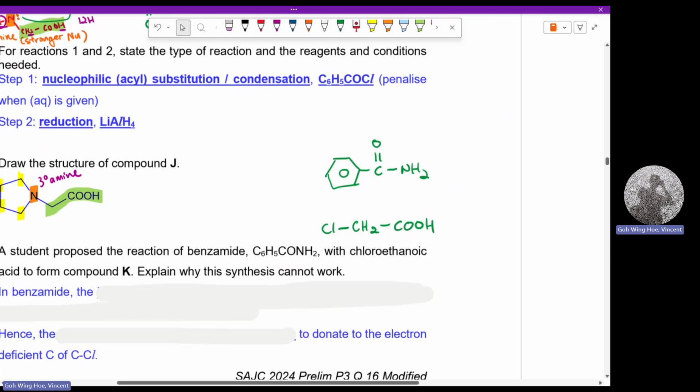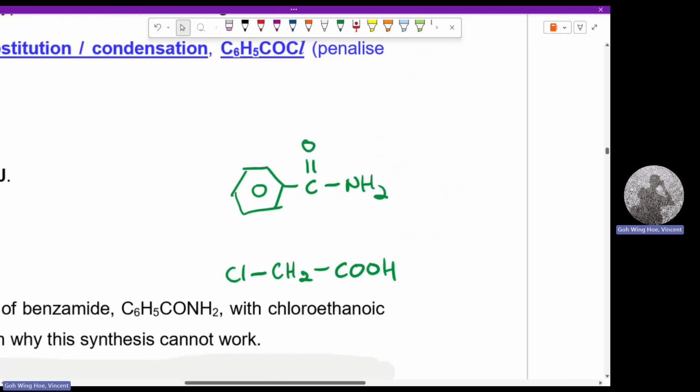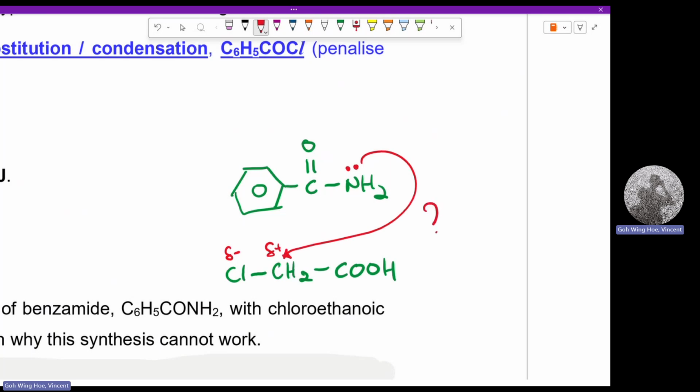So effectively, it's asking you that if we were to apply what we have done earlier, which is to take the polar CCl bond, and then the lone pair on this N atom here to make it undergo a nucleophilic substitution reaction with the electron deficient carbon. So the question is whether or not this will happen.